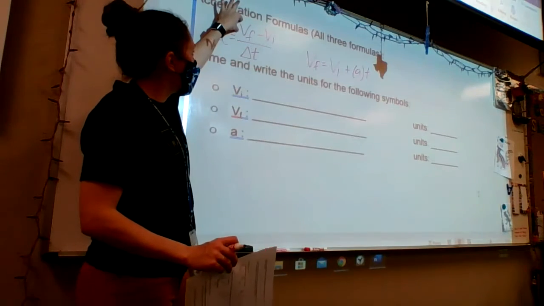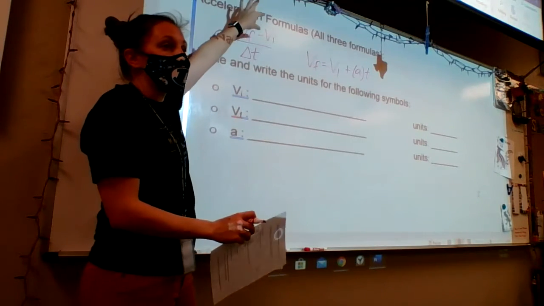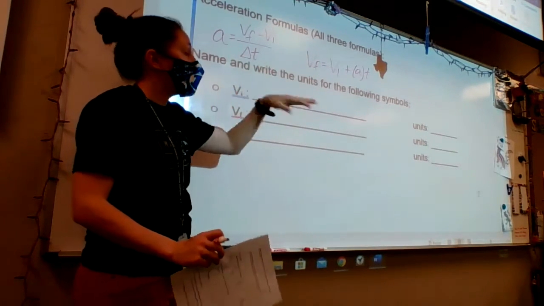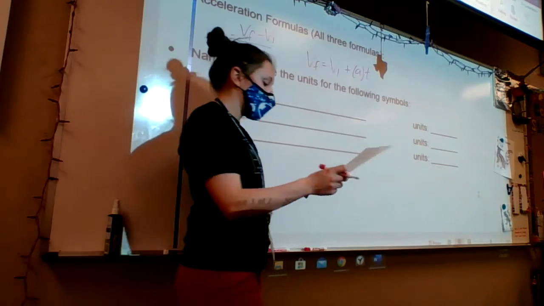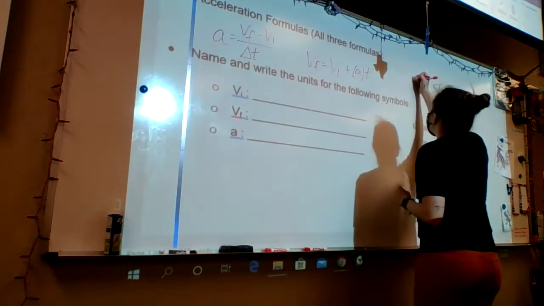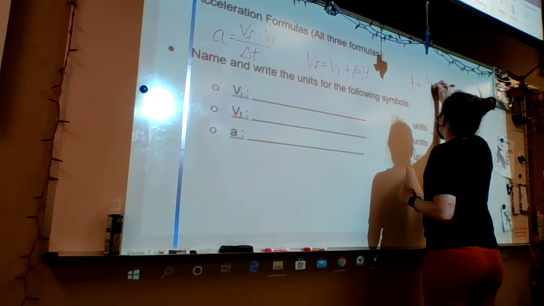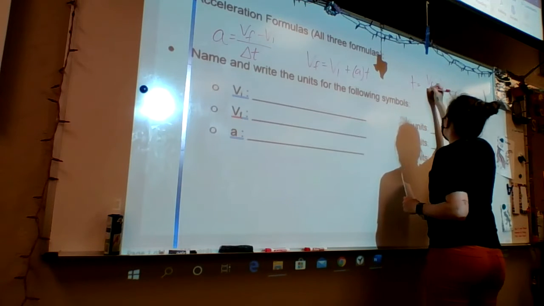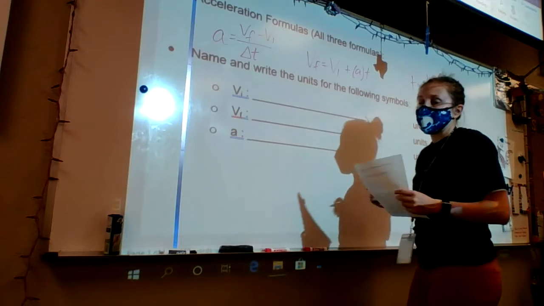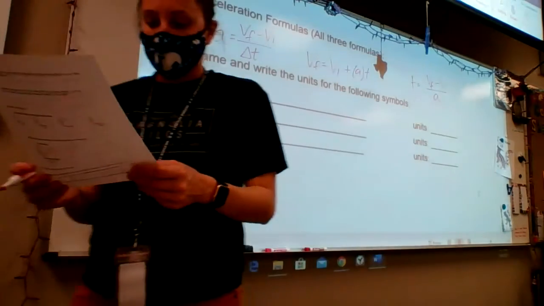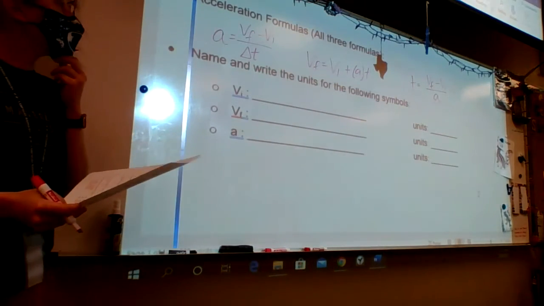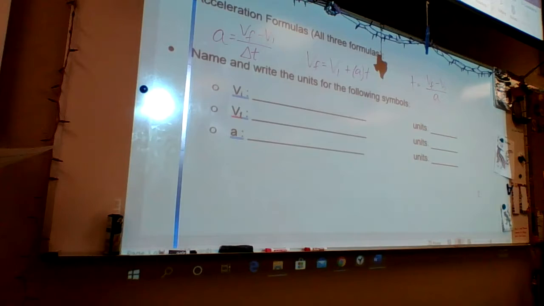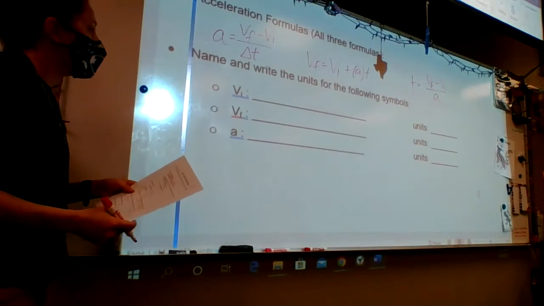On this one, I need you to subtract first, so VF minus VI, enter, and then divide by your time. And then our last formula is T equals VF minus VI divided by A. Those are all three of our acceleration formulas.